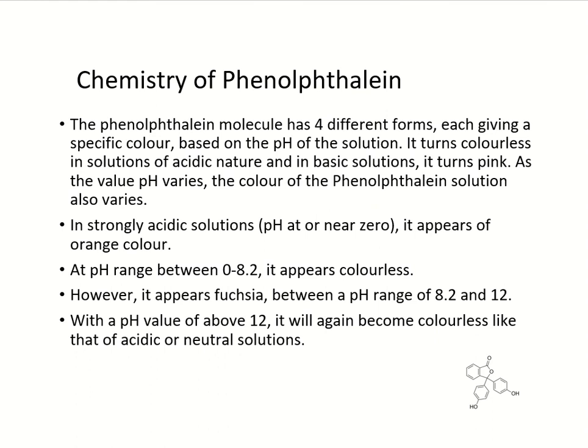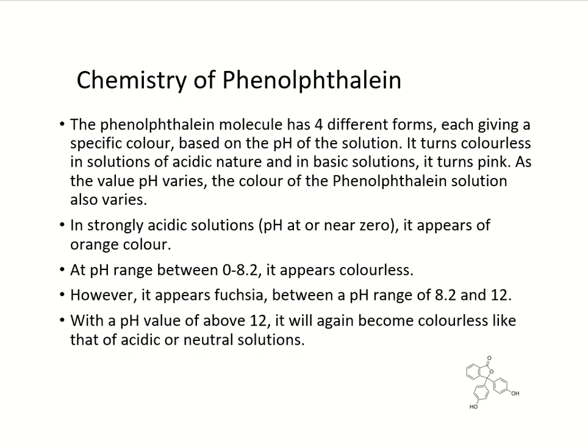The chemistry of phenolphthalein. It turns colorless in acidic solution and pink in basic solution. As the pH varies, the color of the phenolphthalein solution also varies. In strongly acidic solutions that have pH near 0, phenolphthalein appears orange.